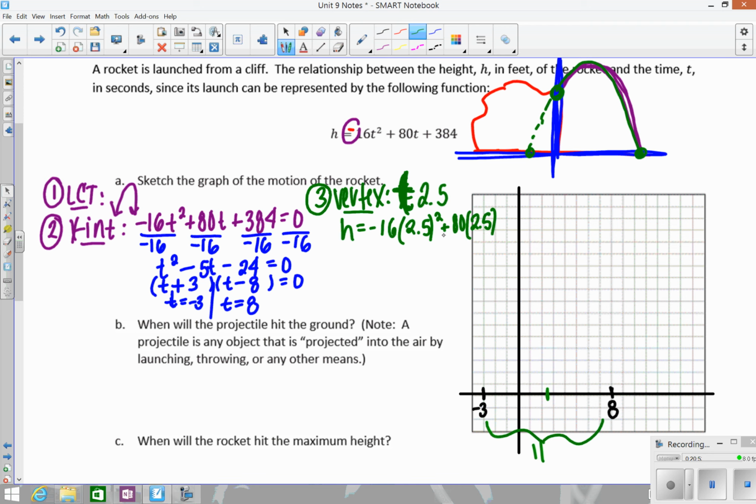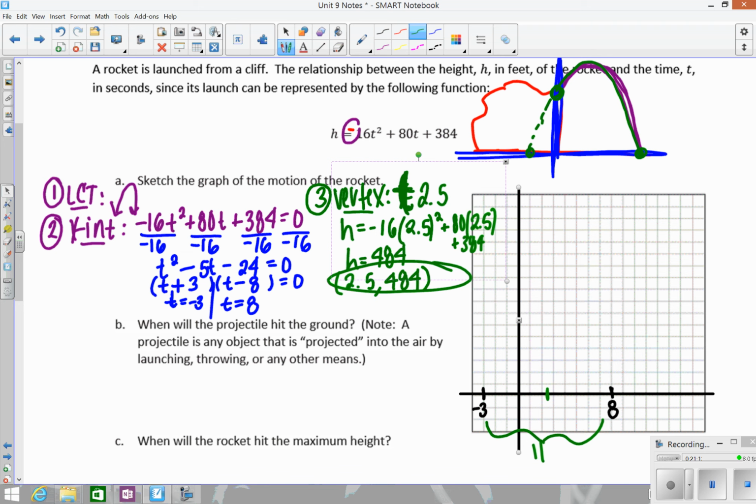So when you plug all that in, you get 484. So that means the vertex is actually going to be 2.5 comma 484.